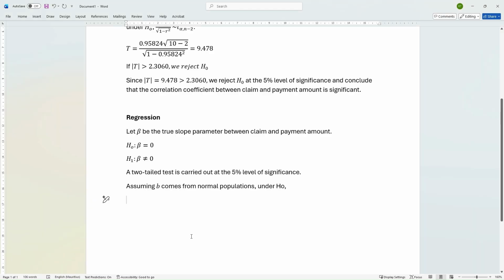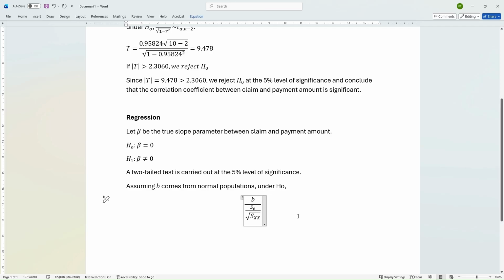So assuming that B comes from a normal population, under H0, what I already explained to you, it is going to be B divided by SE. And this is what we have.